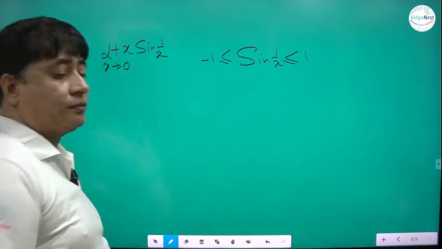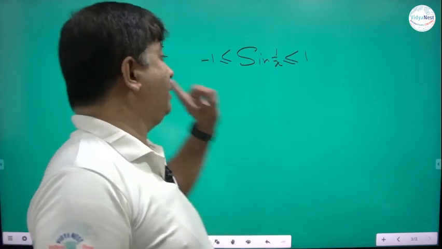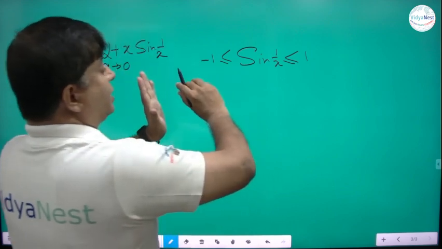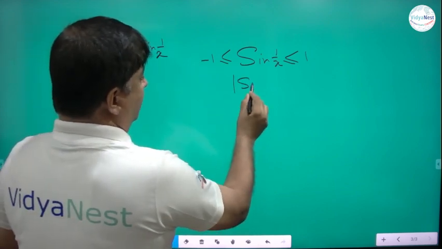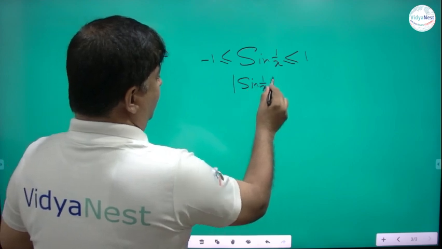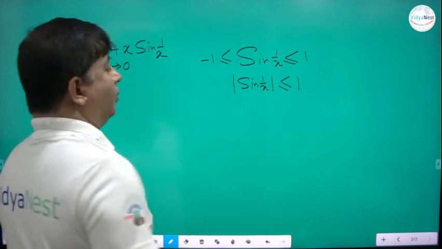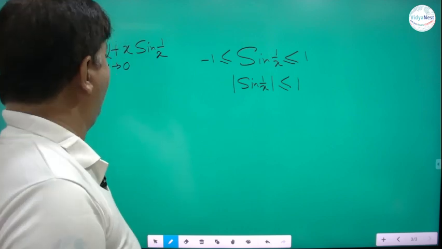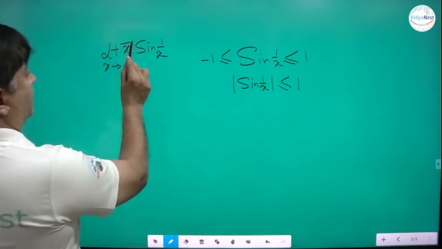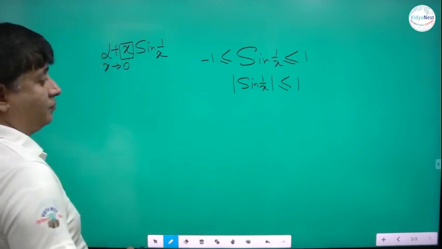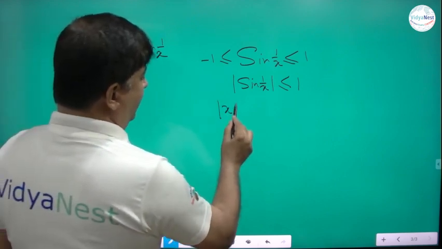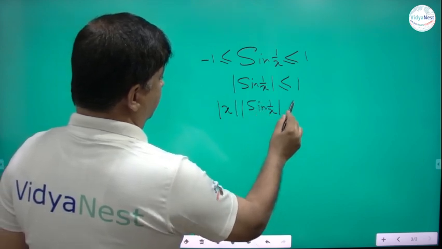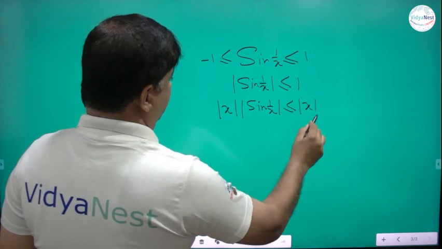Yes or no? Now, what about x sin(1/x)? If you want to express it by mod, plus and minus both have to be included: |sin(1/x)| is less than or equal to 1. But there is one extra x appended, so you multiply both sides by |x|.